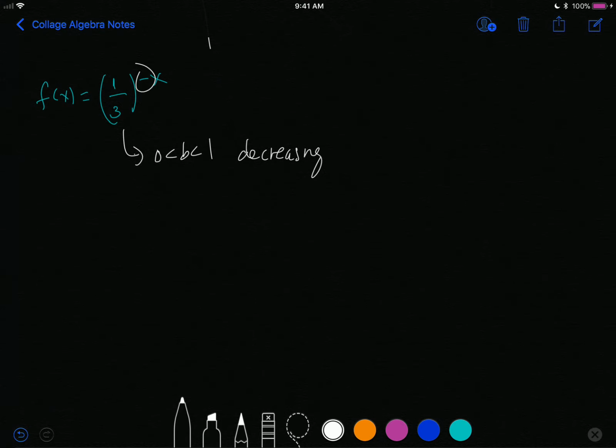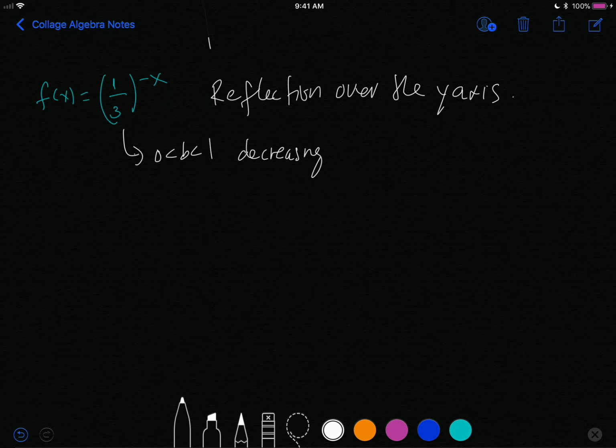The minus sign on the x means I have a reflection over the y-axis. And with that reflection, I can go ahead and graph my function.